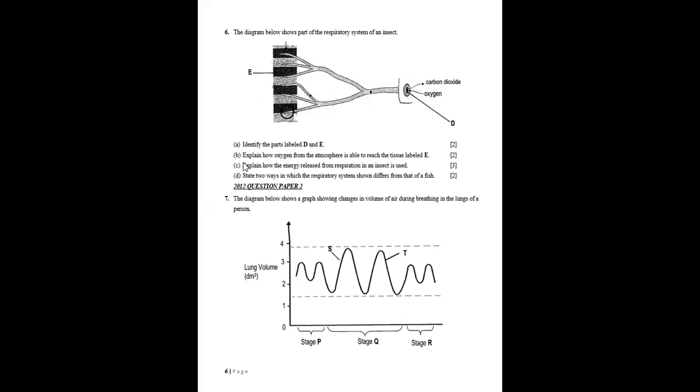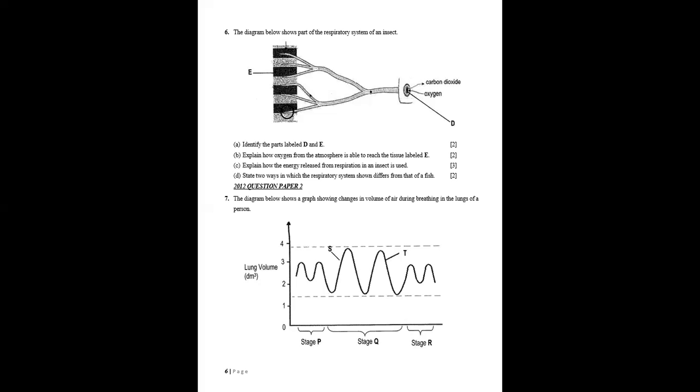Explain how oxygen from the atmosphere is able to reach the tissue labeled E. Oxygen enters through the spiracles, which connect to the trachea.